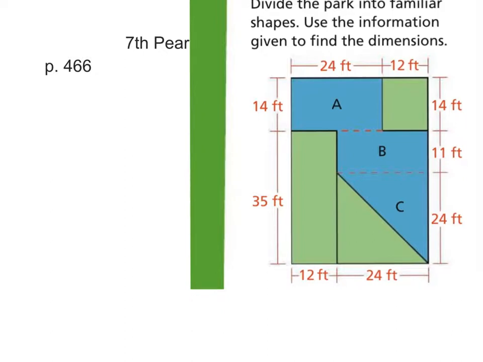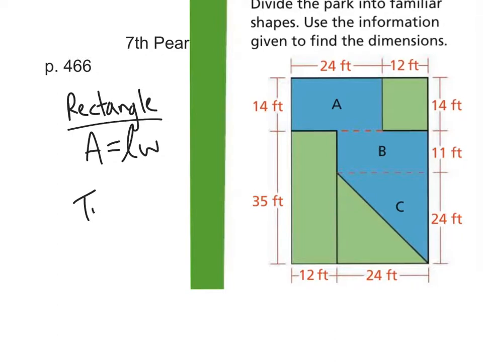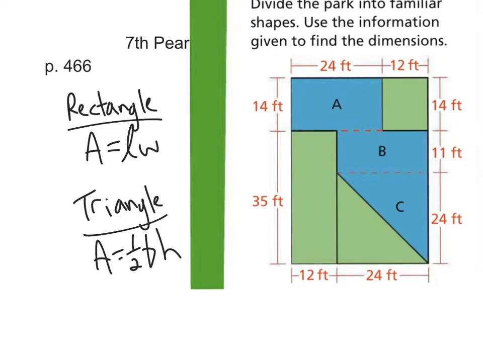If you've forgotten, for a rectangle, the area is length times width. For a triangle, the area is 1/2 base times height, or you could take base times height divided by 2, whichever way you want to look at that. Those are the formulas we'll be looking at as we do this.